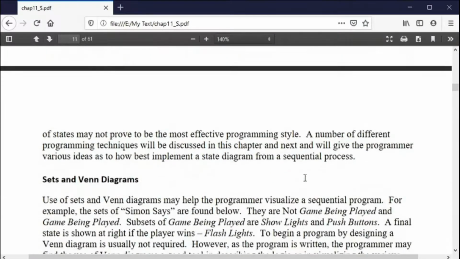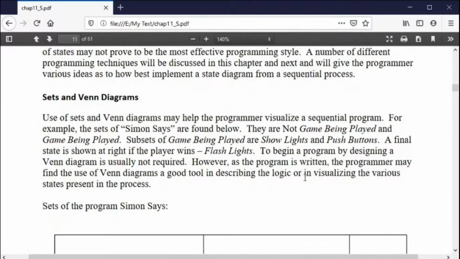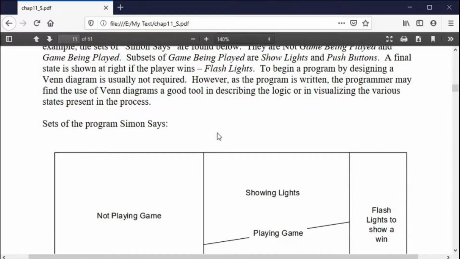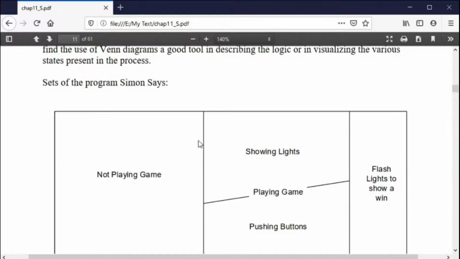Okay, so there are other methods that you've seen before that may help you with the idea of state diagrams. One of them is the idea of sets. You're either in this set or that set, or Venn diagrams. And we talk about them both in mathematics courses and logic courses. But this would be a Venn diagram of the game Simon Says.